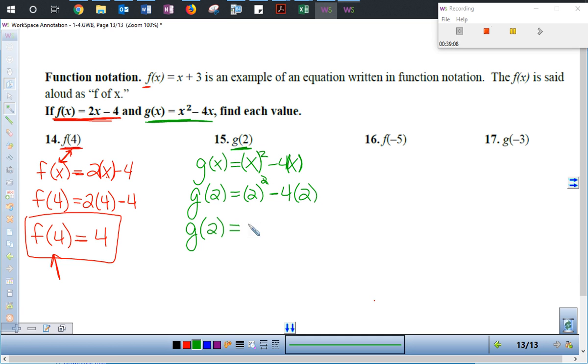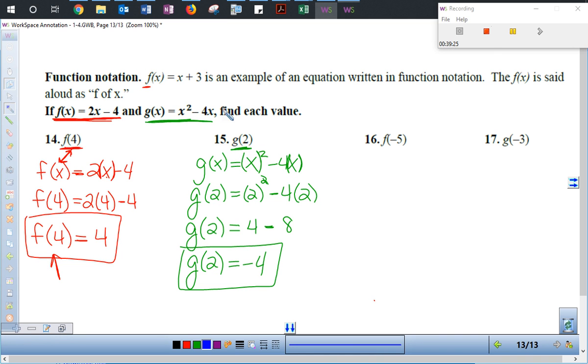I know that 2 squared is 4, minus 4 times 2 is 8. Well, now I can simplify that. Bring down your g of 2. 4 minus 8 is negative 4. Box your answer. So we're taking the number inside of the parentheses and we're substituting it in for x.